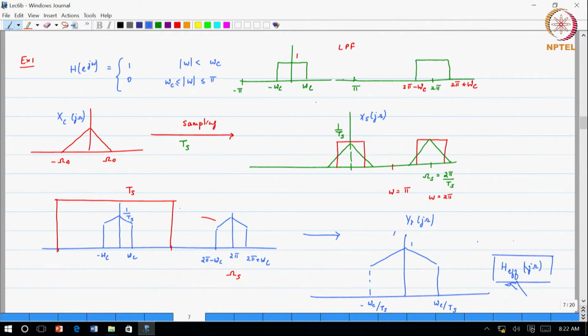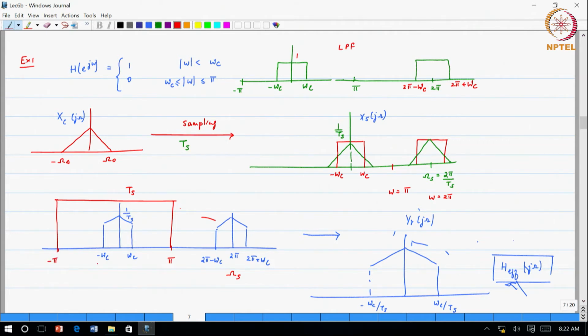So, if this was minus omega c to omega c, that would be a periodic spectrum, but we will focus on the region from minus pi to pi. What comes out between minus pi to pi is a filter of this form.